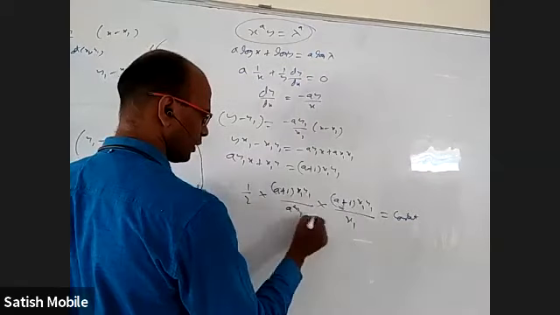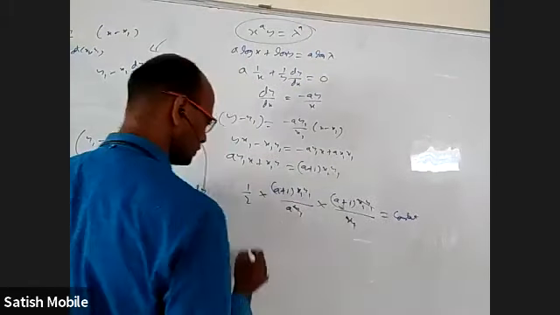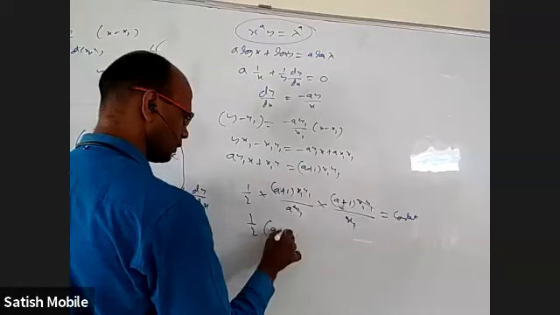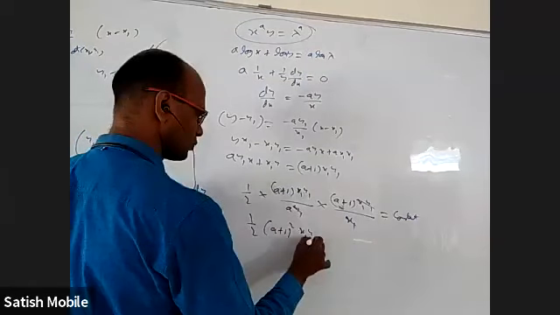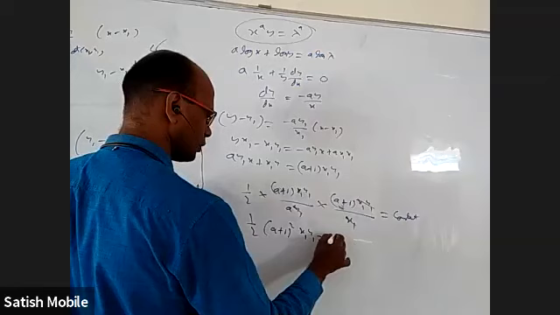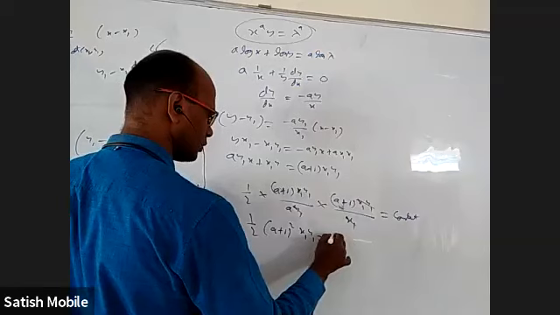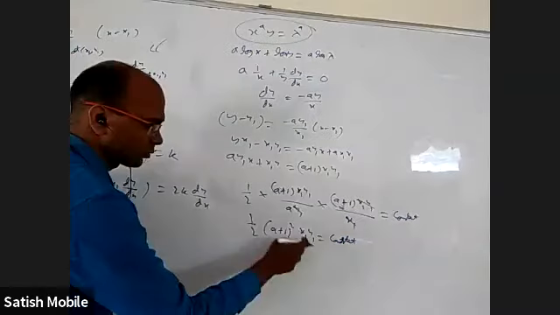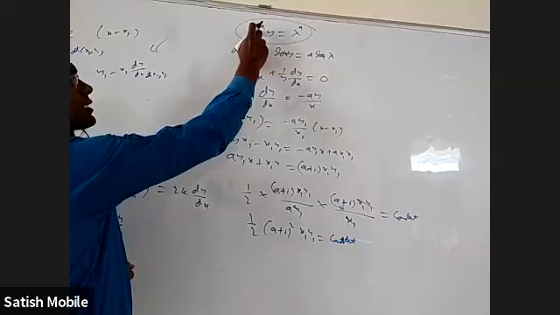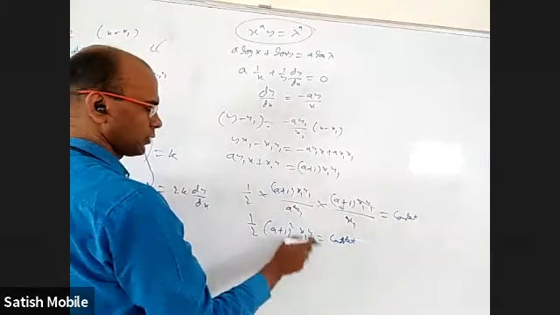Okay, so y1 and x1 will cancel, this also will cancel. Half into a plus 1 whole square x1 y1 by a is constant. Okay, but this is actually variable. x is variable, y is variable, xy is also variable. But if you want a constant, xy should be constant. You can easily understand a should be 1.